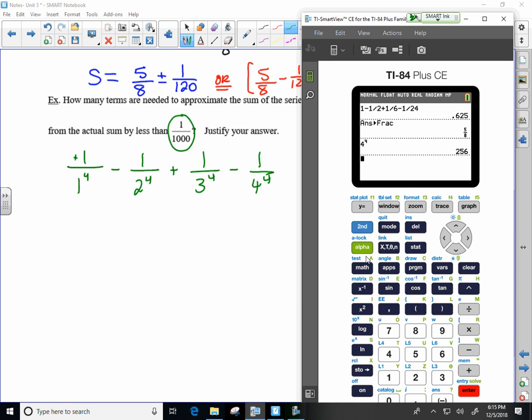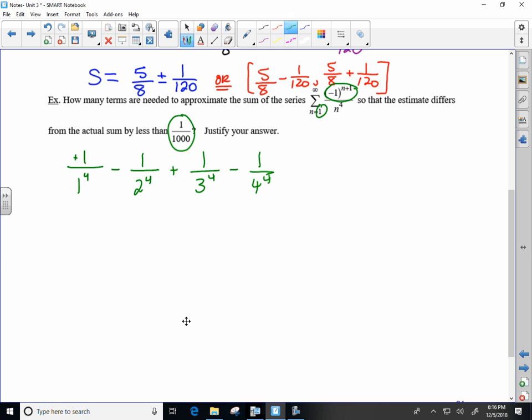All right, so 1 over 256 is what 1 over 4 to the 4th would be. 1 over 256 is not smaller than 1 over 1,000, so keep going. So 1 over 5 to the 4th, that's 1 over 625. That one I just happen to know. That's not smaller.